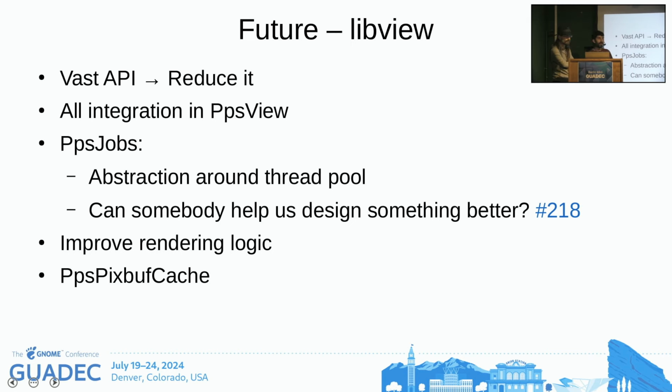I'm not sure if we have Philip and Emmanuele Bassi around here and they're going to stay the rest of the days, because I would really like somebody that actually knows GLib and this API design work to help us design something better. Something that integrates with Rust and allows us to do things in parallel without having to do our own abstraction over that GLib thread pool.